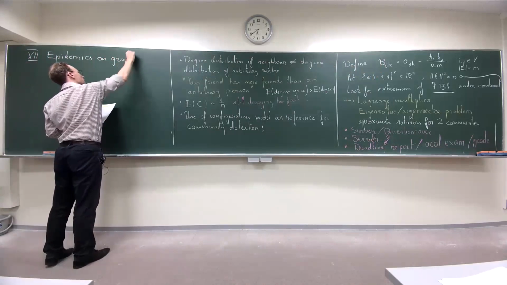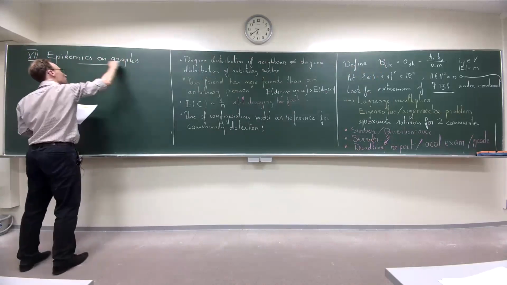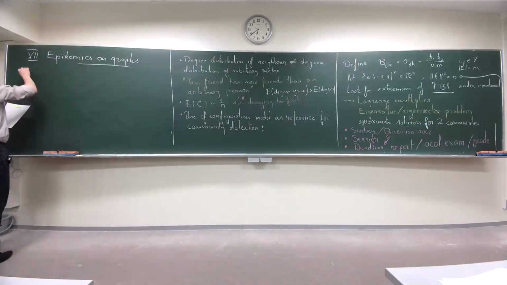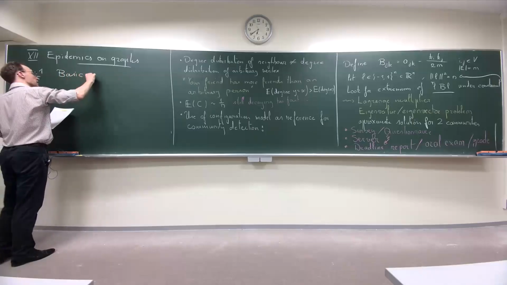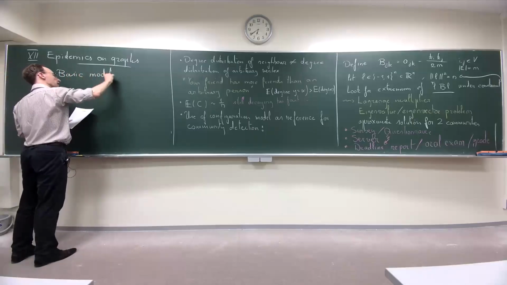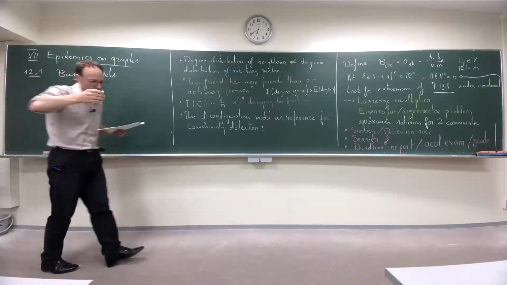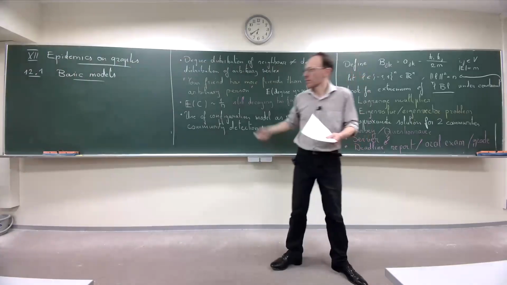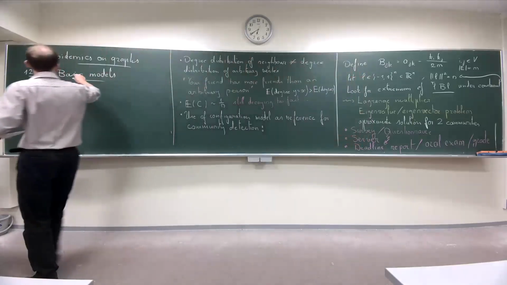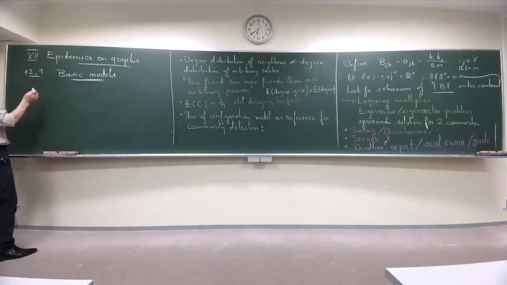But in the first section, there is no graph. The graph will come in the next section. So this is about basic models and basic ideas. Everything is very simple, but from these basic ideas, you can go up to much more complicated models.